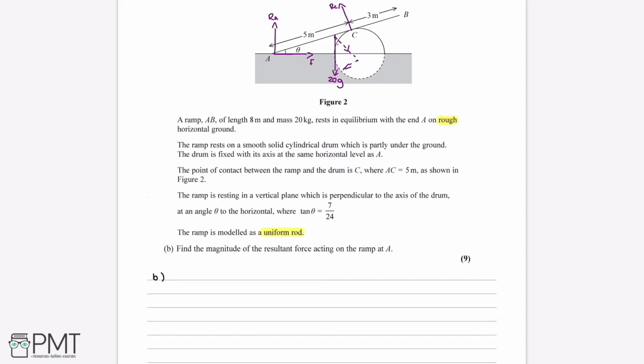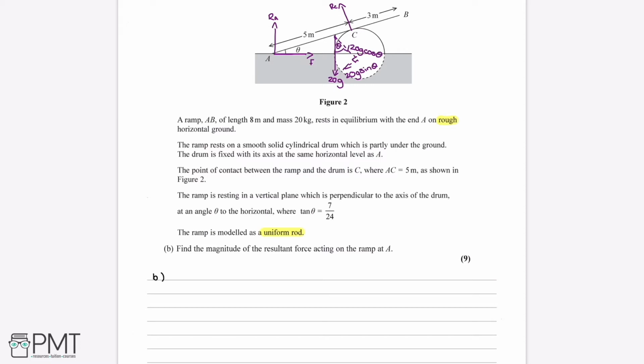We know that this angle here must be theta, and therefore this component here would be 20g cos theta using trigonometry rules, and similarly this one is 20g sine theta because we're using the opposite and the hypotenuse, and for this one we were using adjacent and hypotenuse.